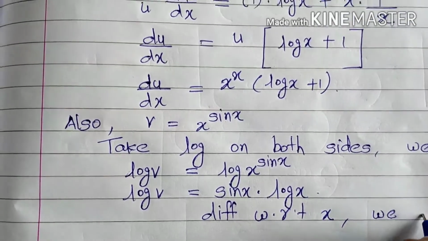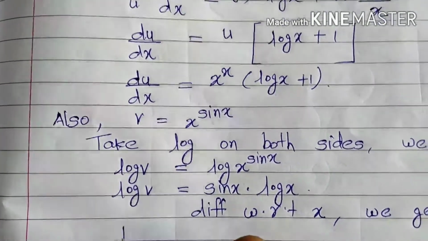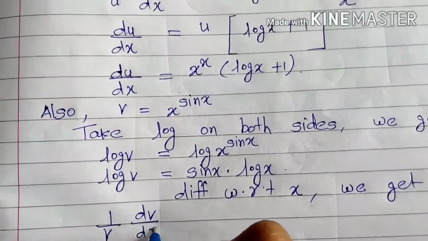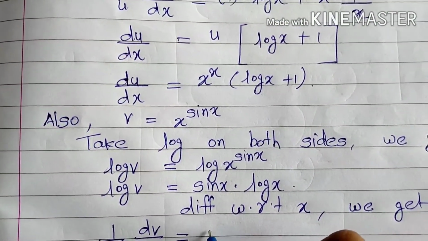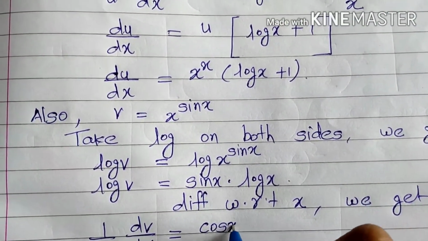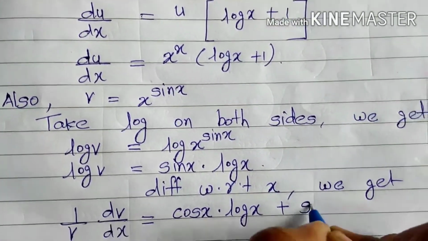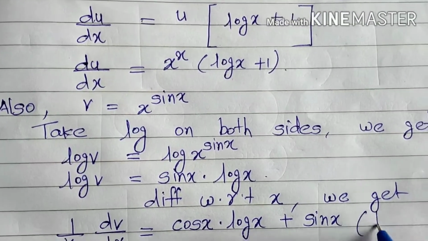We get, on the left, 1 upon v into dv upon dx. Derivative of sin x is cos x into log x as it is, plus sin x as it is, and derivative of log x is 1 upon x.